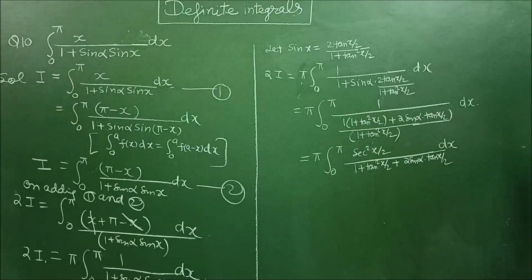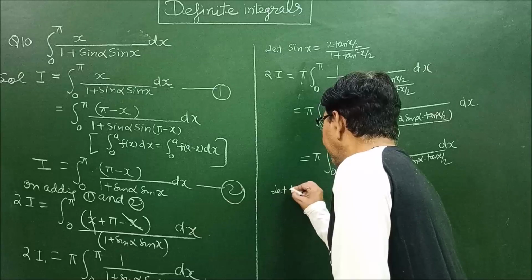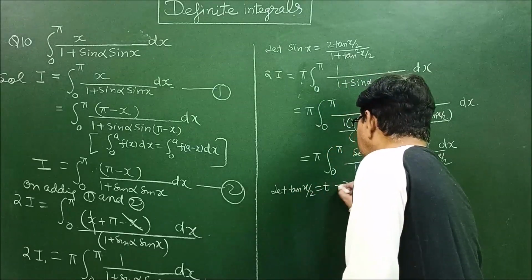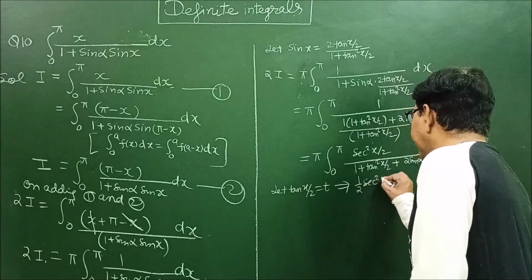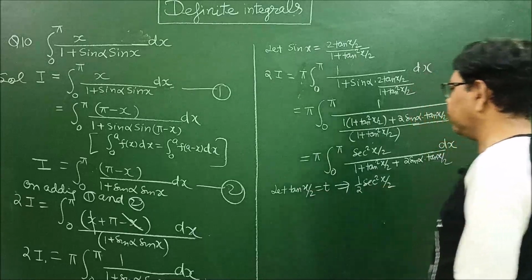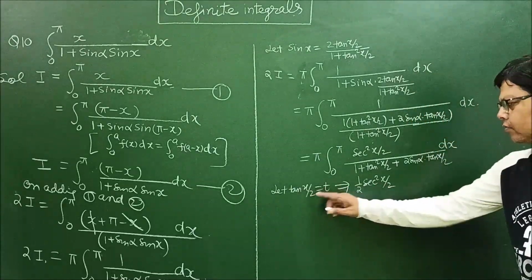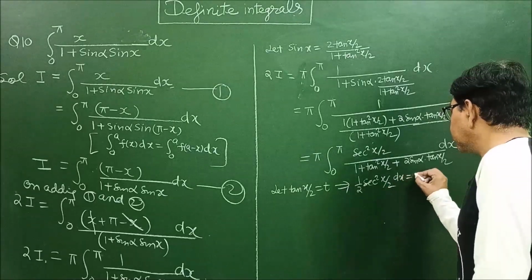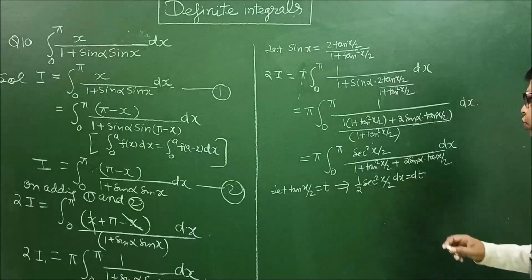Now let tan x by 2 be equal to t. On differentiating we get half sec square x by 2 dx equal to dt, since the derivative of tan x by 2 is sec square x by 2 and the derivative of x by 2 is 1 by 2. So sec square x by 2 dx is equal to 2 dt.